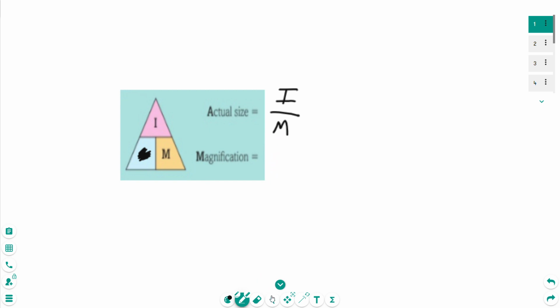If I wanted to calculate magnification, I will cross out M, and then I will be left with I over A, or image size over actual size.